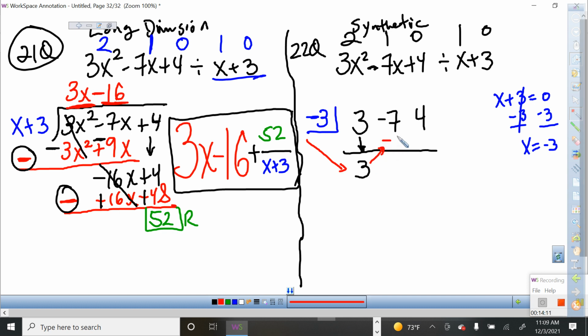That's negative 9. Combine those, that gives us negative 16. Let's do it again. Negative 3 times negative 16 goes up here, and that is 48. Combine those, 48 plus 4 is 52. There's no other term, so this is my remainder.